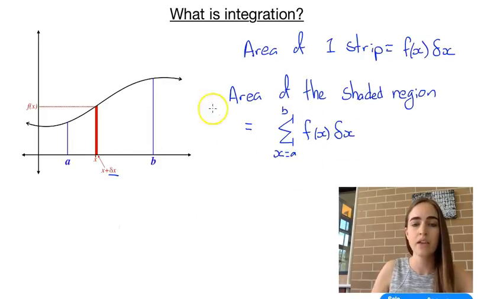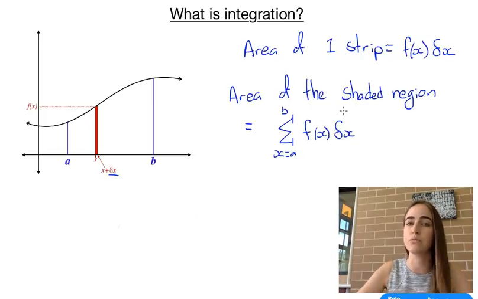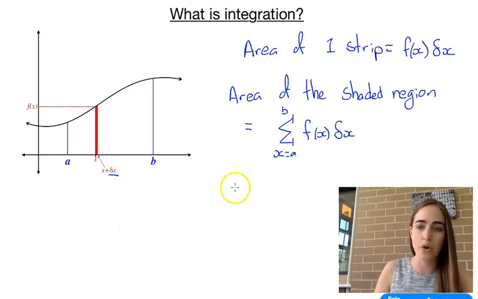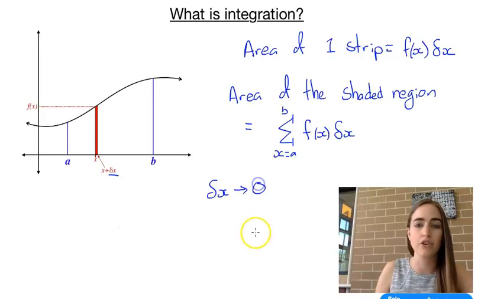Now, to get those rectangles infinitesimally thin, we want to take the limit as this delta x approaches 0, so as it gets smaller and smaller and smaller, because that's what's going to make our area calculation accurate, is when those rectangles are infinitesimally small. So that means that we want our delta x to be approaching 0.